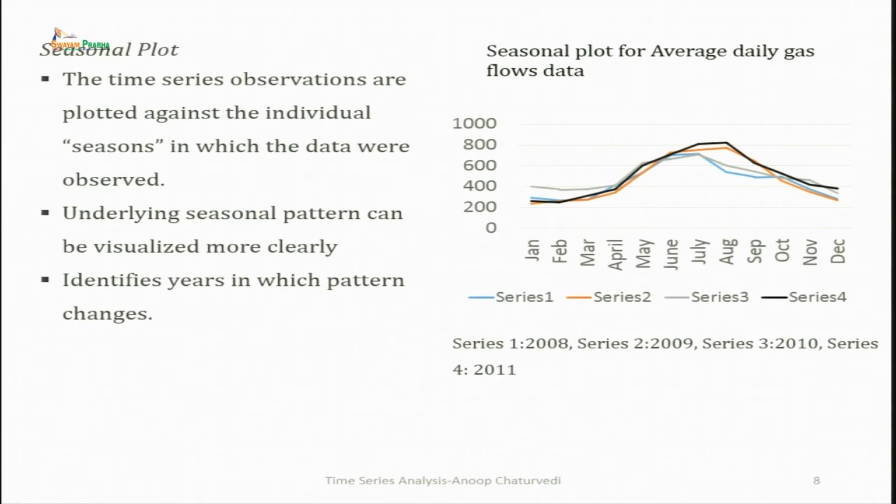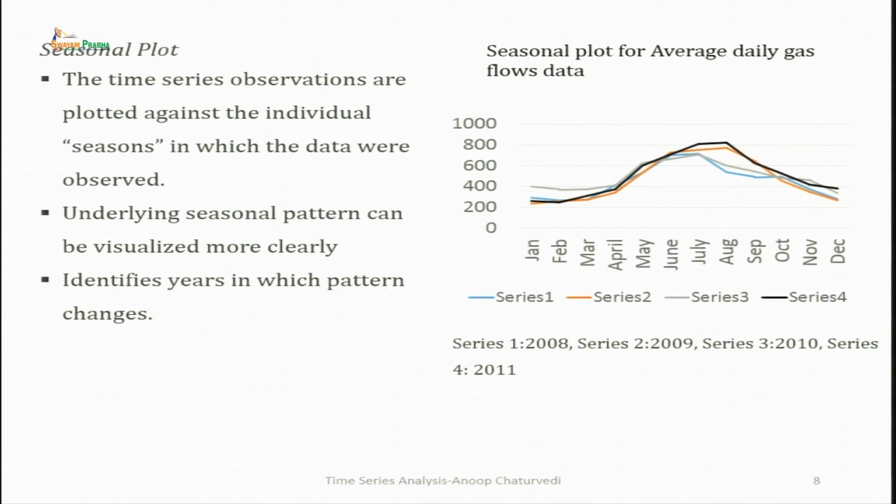You observe that for all the years, the observations have an increasing pattern during the months of July and August. In January and December, the observations have a tendency to decrease.